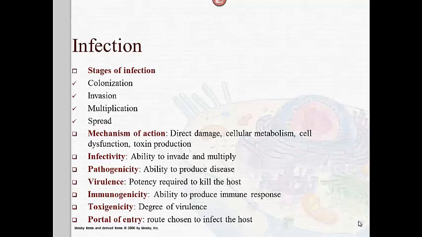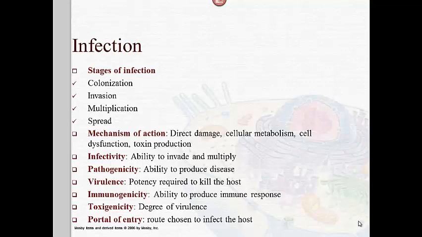Invasion is no more than the infectious agent invading the local tissue, or spreading through surrounding or distant tissue. Multiplication is the ability of the microorganism to undergo rapid multiplication through mitosis or through the process of transcription and translation genetically.